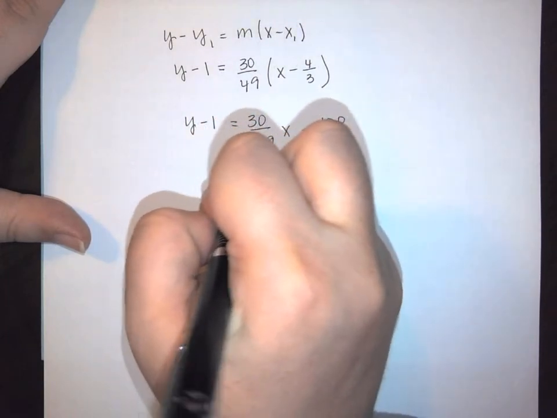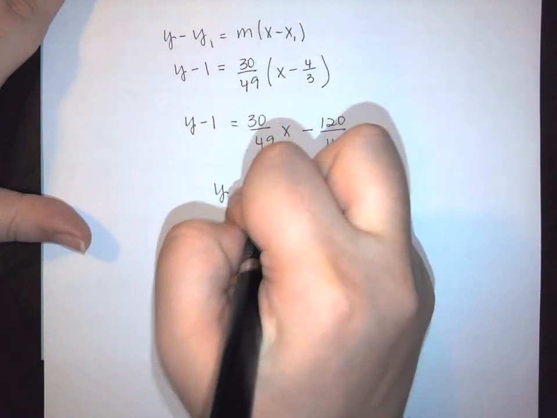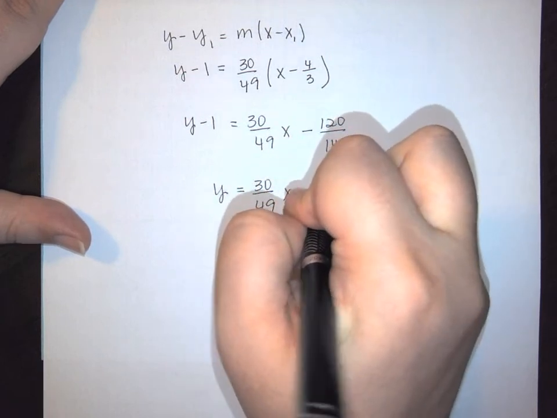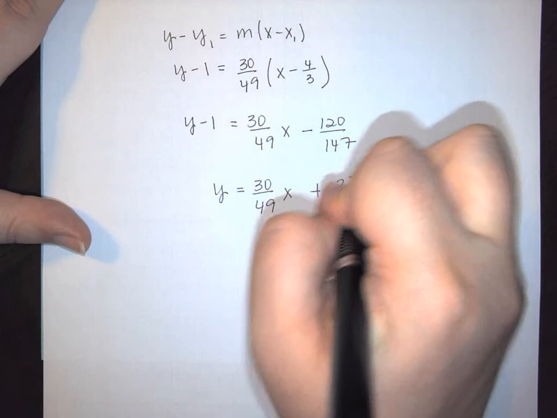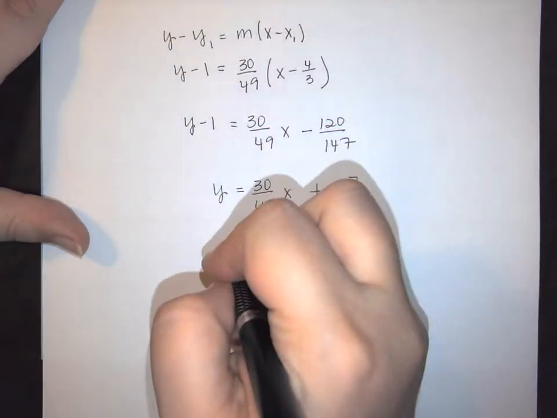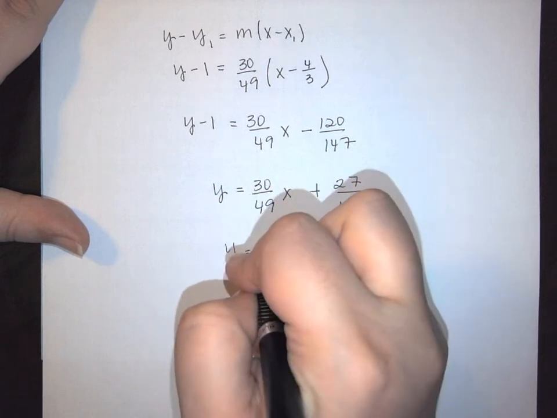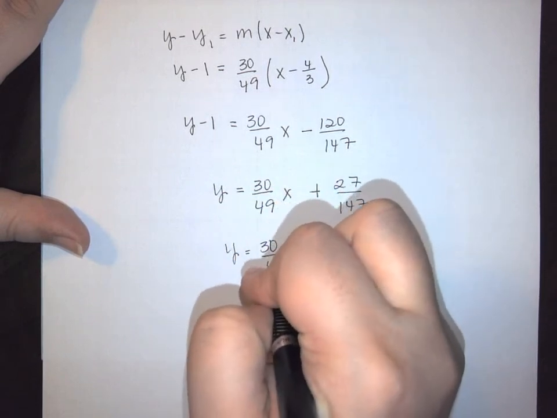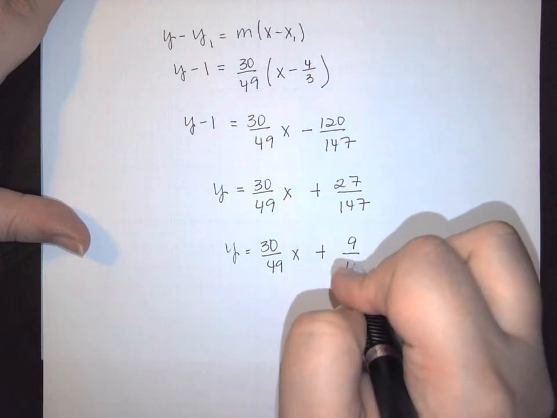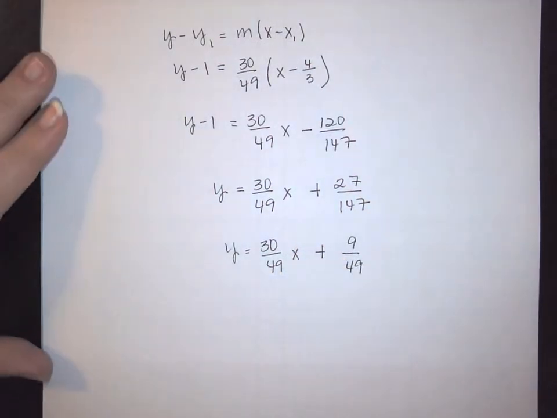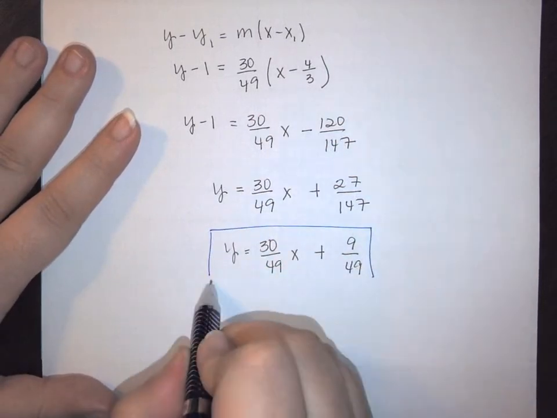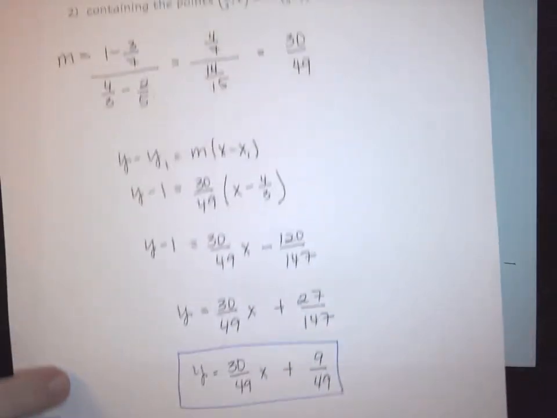So y is going to equal 30 over 49x, and then this is going to be plus 27 over 147. This can reduce, and so here we end up with y equals 30 over 49x plus 9 over 49. Again, just like before, we right here have our slope-intercept form, so we're halfway there.